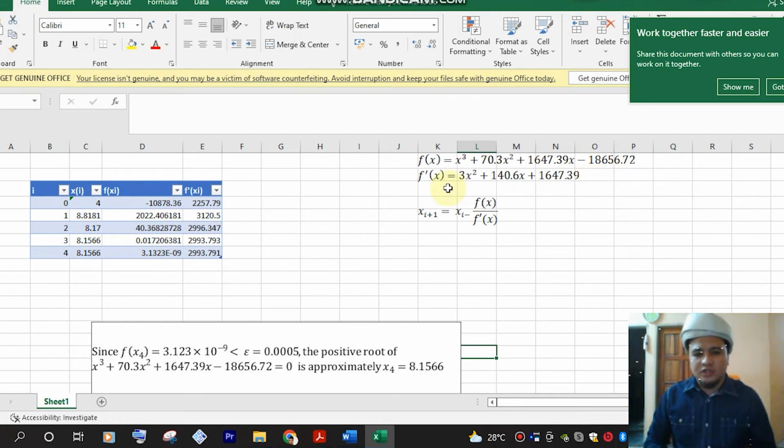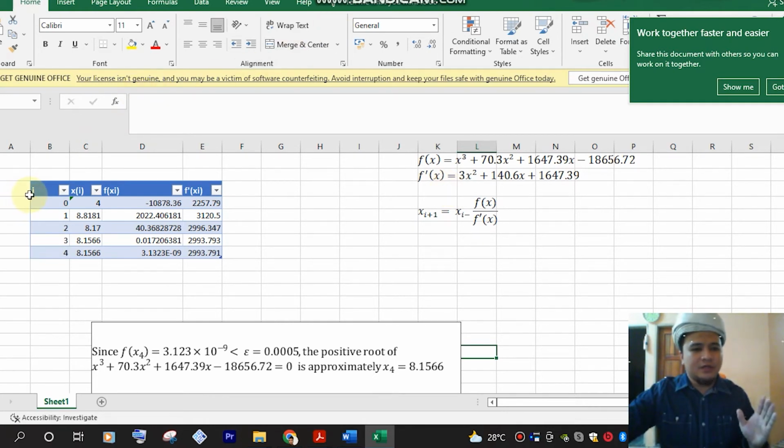So the equation to find x(i+1) is xi minus f(xi) over the derivative f'(xi). As you can see, this is the value of xi, f(xi), and f'(xi). So this is the i.